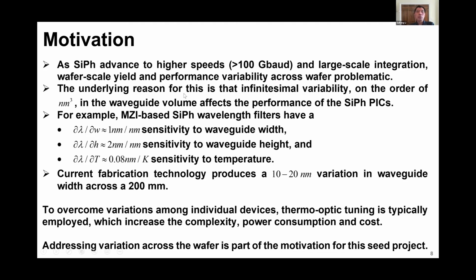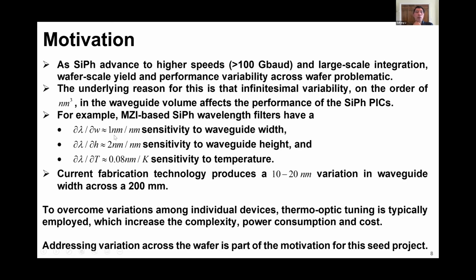And the underlying reasons are that very small changes in the dimensions of the waveguide affect the performance of the silicon photonic devices. The example that I often give is, let's say, a Mach-Zehnder-based wavelength filter. It's kind of like an FR filter in electronics.